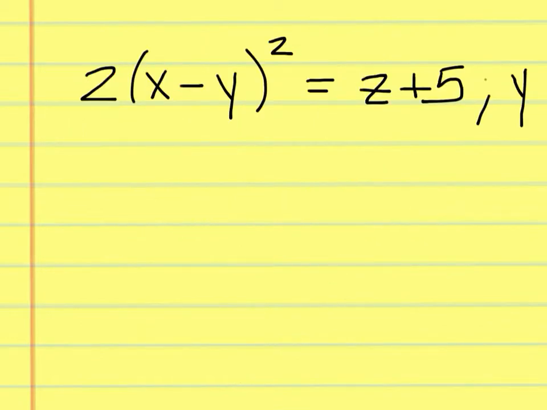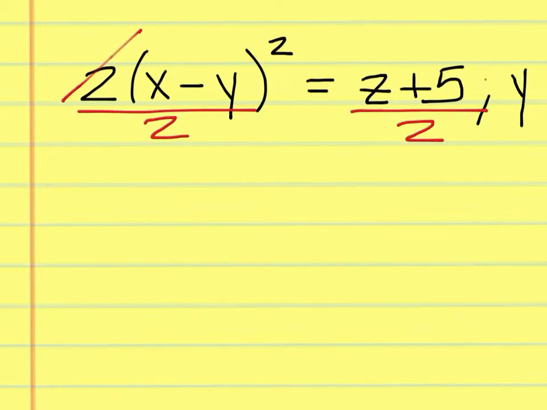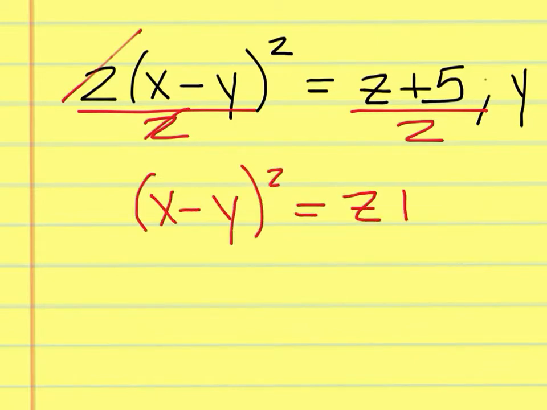So we're looking for y, and to get access to that y inside the parentheses, this quantity squared, we must divide both sides by 2 first, so that we can cancel this out and be left with the quantity squared of x minus y. And on the right, z plus 5 over 2. Now that the 2 is gone, we can start working on the parentheses, that quantity squared.